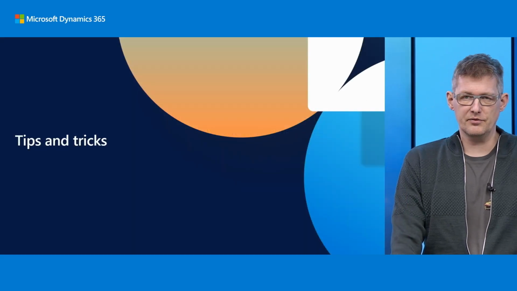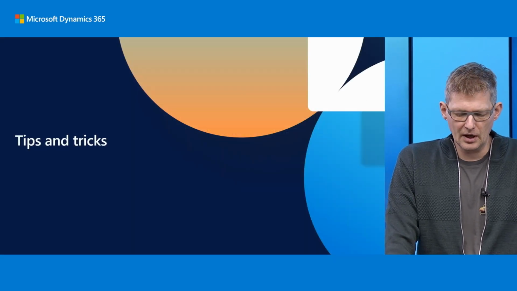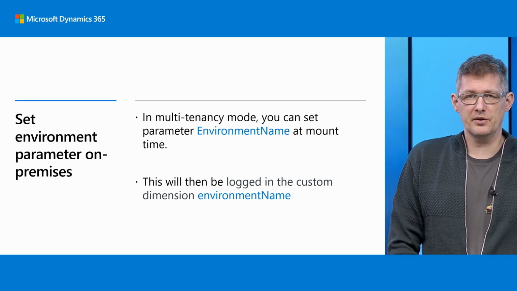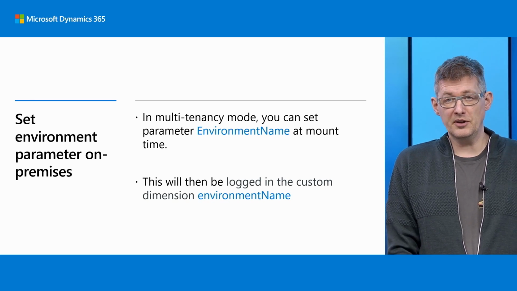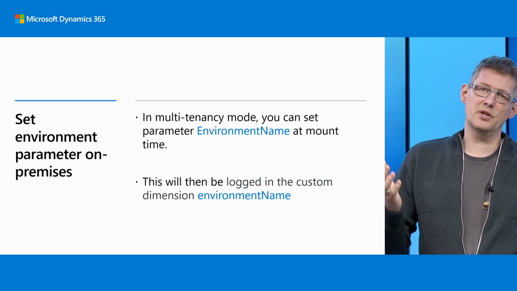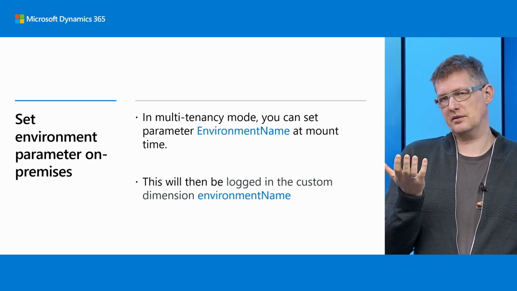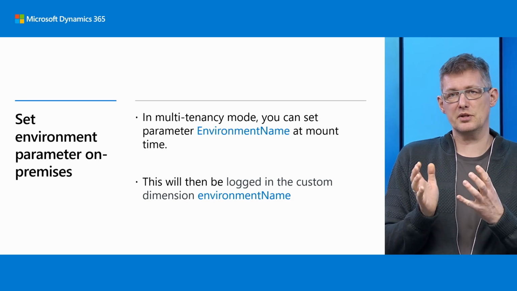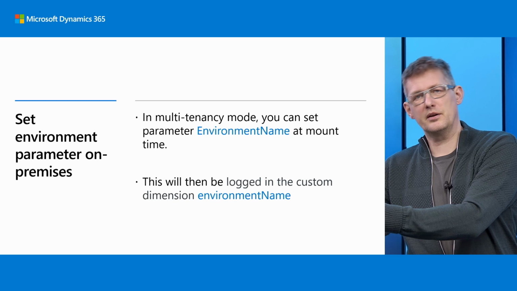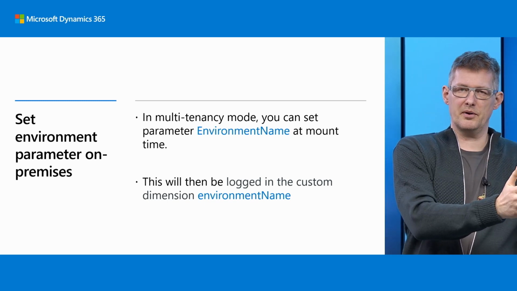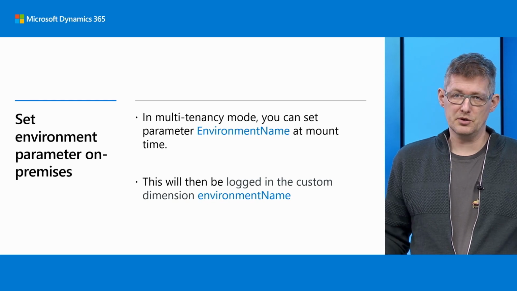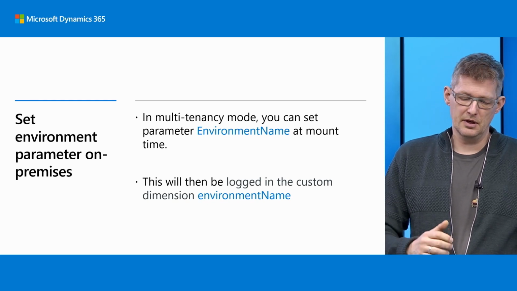Okay, tips and tricks. So that's the second part of this session. The first is that for on-premises customers or environments, we got the feedback that it's hard to use telemetry because you can only set the AD tenant and not the environment name, and that makes it hard to distinguish this signal is coming from this customer, this signal is coming from this customer, if you want to use the same telemetry database for multiple customers or environments.